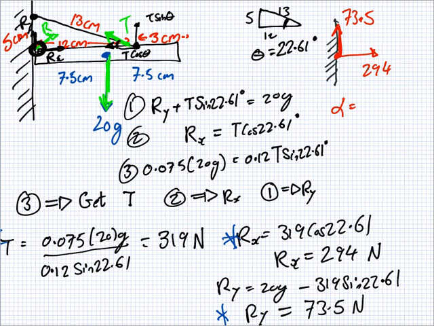So I hope that works out to be 14 degrees. Tan inverse 73 over 294. And the magnitude, how do I get the magnitude? Square root of that. So I really hope the magnitude then comes out to be 303 newtons.